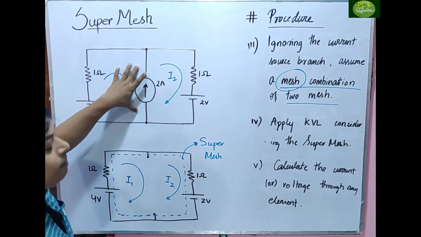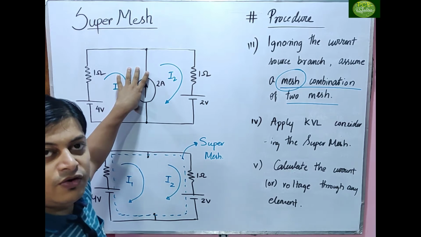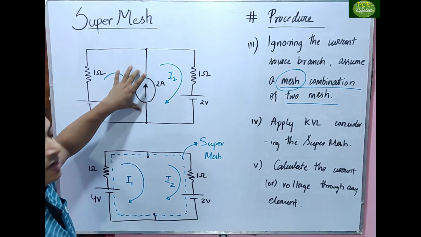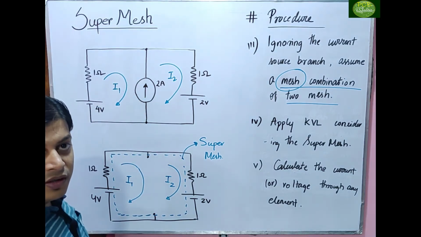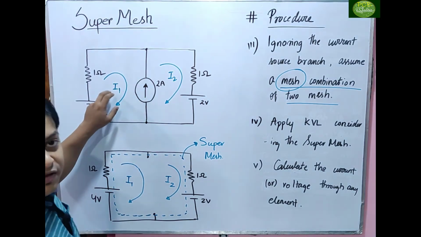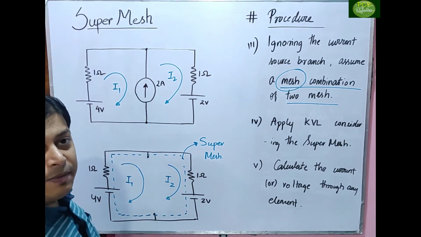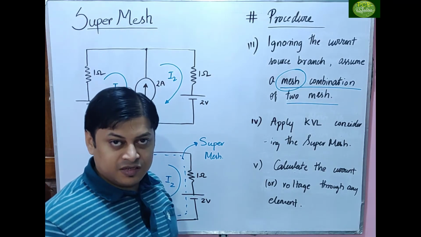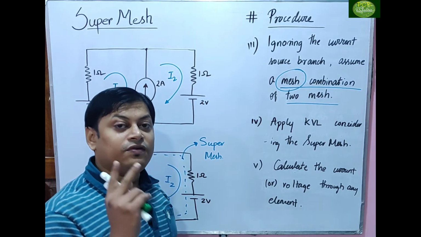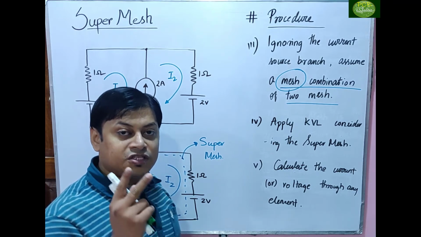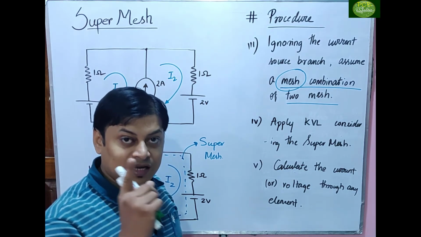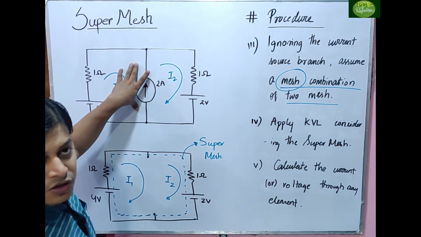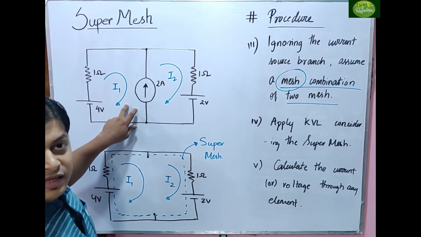But what is the voltage drop across a current source? That we don't know. Right? If the voltage across this current source we cannot know, then can we apply the KVL? No. We cannot apply KVL in a loop where the current source is present unless we know the voltage drop or the potential across that current source. Fine. So here the voltage is not known, so we cannot apply the KVL.